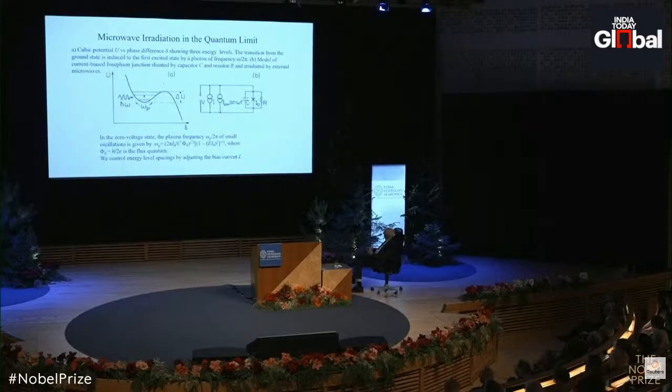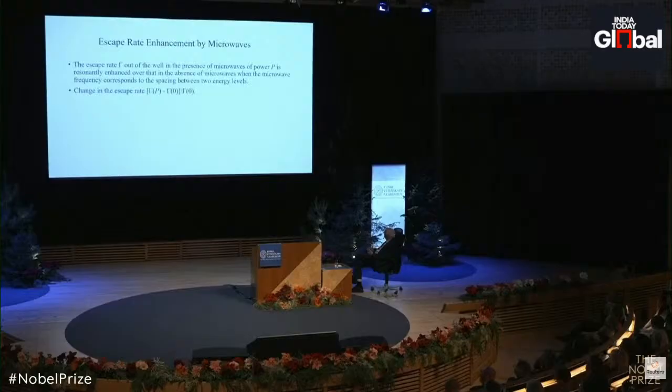And the plasma frequency of a device like this is given by this equation, which I won't explain, where phi 0 is the flux quantum. And we can control the energy levels by adjusting the bias current I. Well, the first thing that we discovered was that if we apply microwaves, then the escape rate can be enhanced.